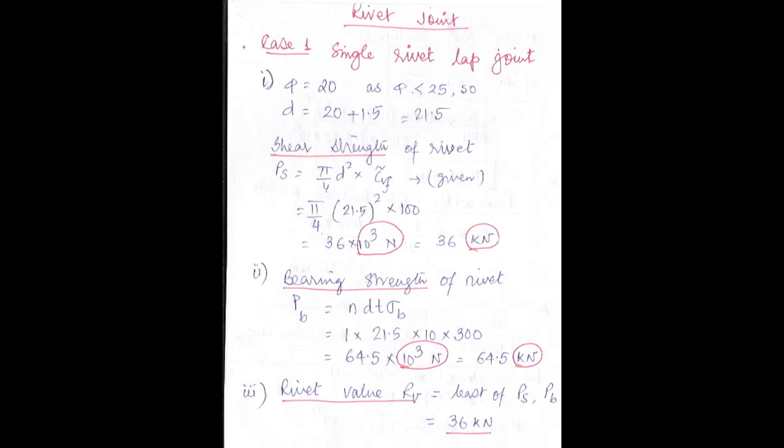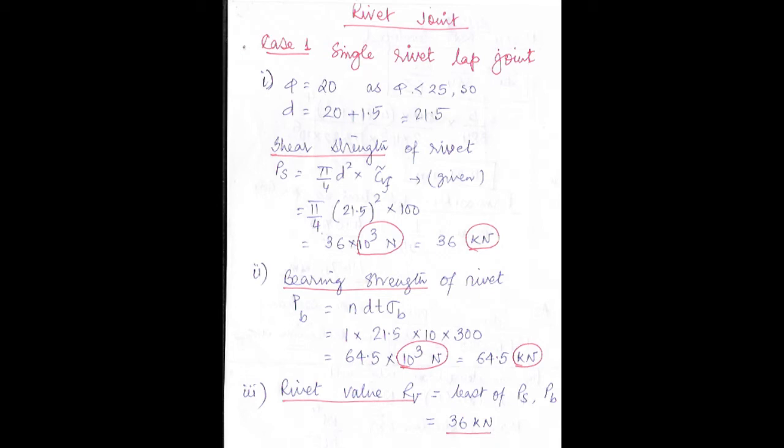So 20 mm is the nominal diameter. Now phi is equal to 20. As phi is less than 25, what will be the gross diameter? Gross diameter D will be 20 plus 1.5, that is 21.5.